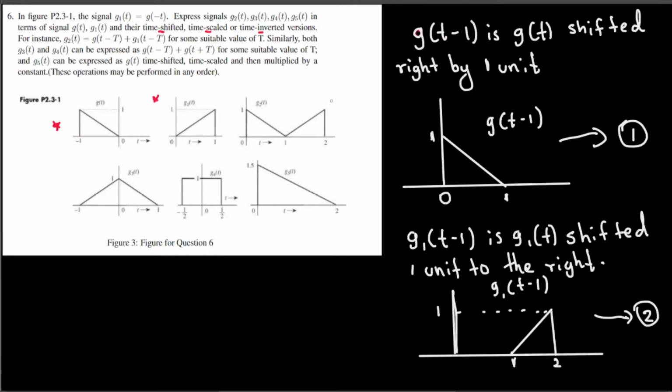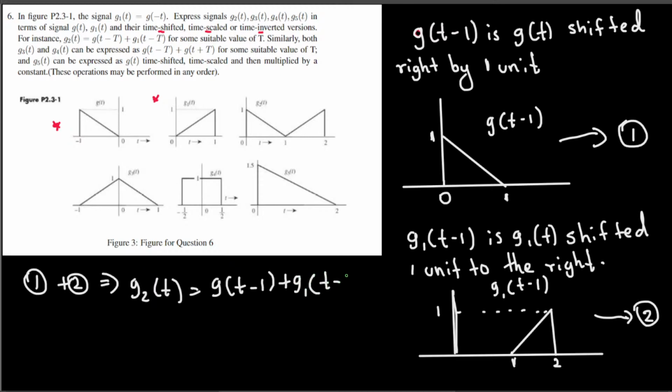So what is G2 of t? Now we have brought the two components that are similar to this. Now we have to add them together to make that happen. So 1 plus 2, you add them together, and that is G2 of t. So G2 of t is basically G of t minus 1 plus G1 of t minus 1, and that is basically it.